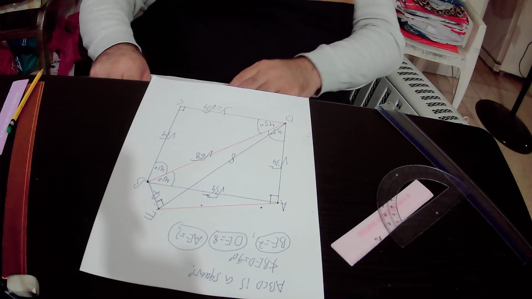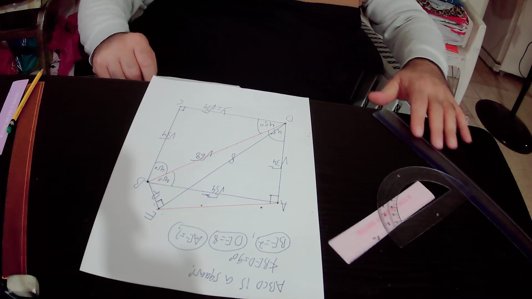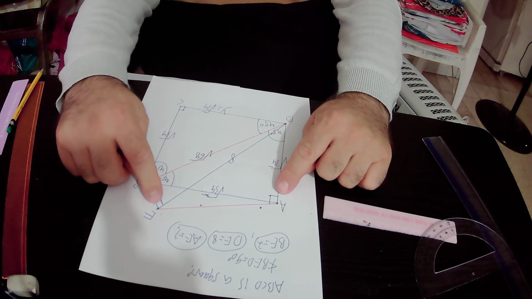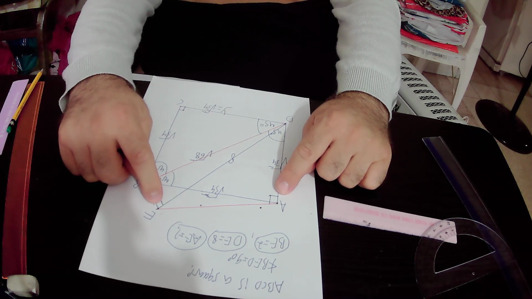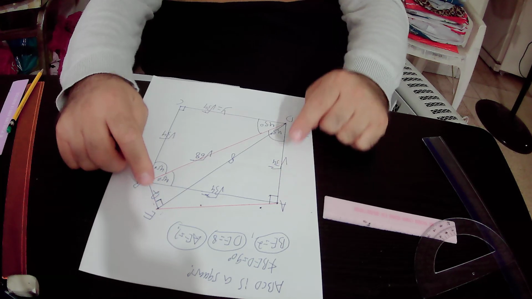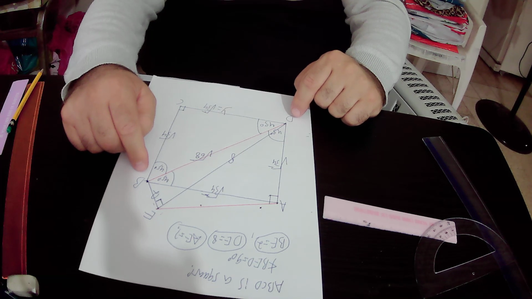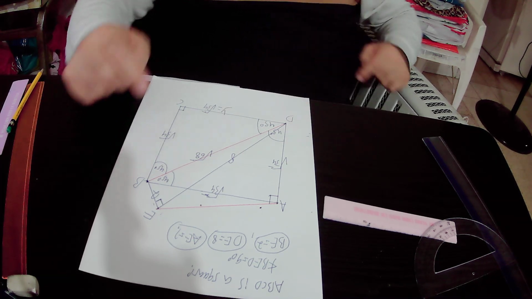Why? Because in our drawing we have those two right angles rest or subtend on the same line segment BD. So I write it down.